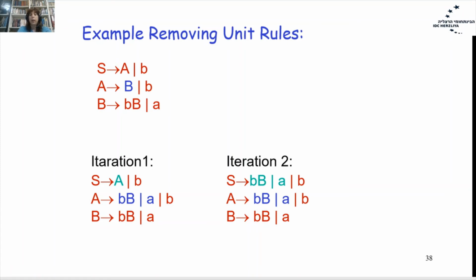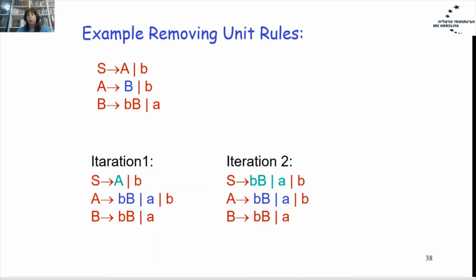But we will add new rules where A derives right parts that can be derived from B. Since we had B derives BB or A, we now add those two productions to A.